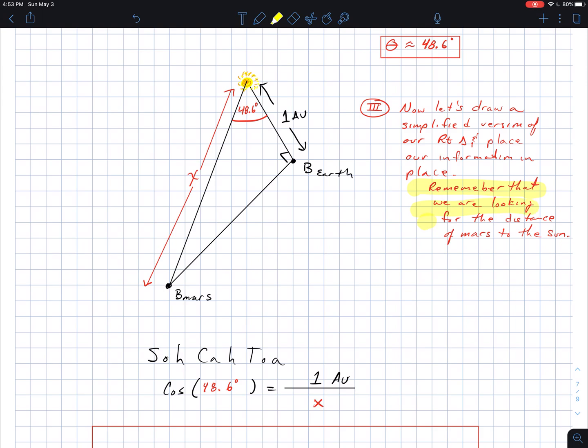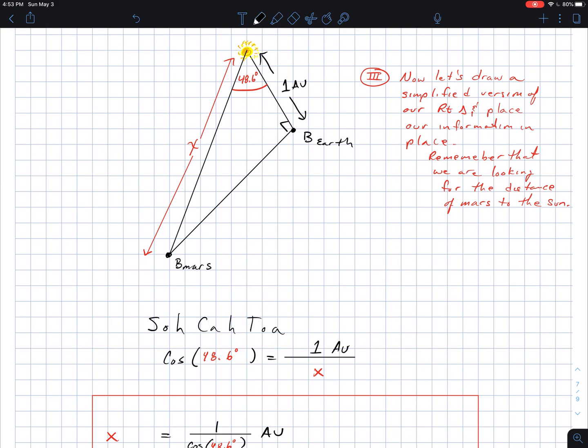Remember that we are looking for the distance from Mars to the sun. So we're technically looking for this distance x, right? So I labeled it. I gave it some variable name. In real cases, what I should say is something like, let x be the distance of Mars from the sun.